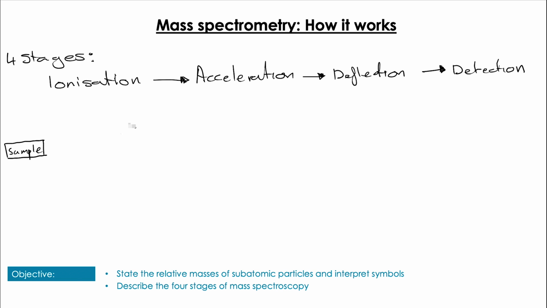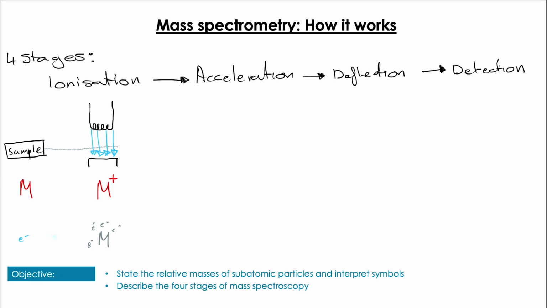So we have our sample, and the first thing we're going to do is we need to ionize this. So usually this is done by pushing the sample through an electron cannon, if you like, something that bombards the sample with electrons. So the sample travels through from left to right, and then electrons are fired through the sample. Be careful not to be confused here, because we're going to make M plus ions.